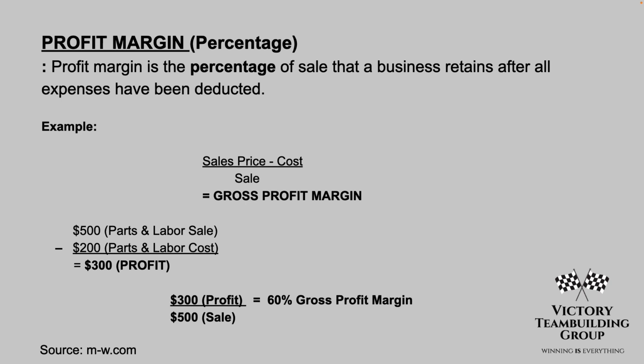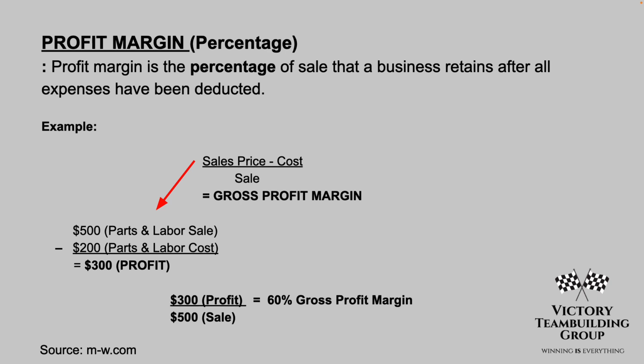So for example here, you got your sales price minus your cost divided by your sale equals your gross profit margin. Okay, so I'm going to show you how this works. If we take our sales price minus our costs, we had a $500 parts and labor sale, and we had $200 parts and labor costs, we have $300 in profit, and that would be gross profit.